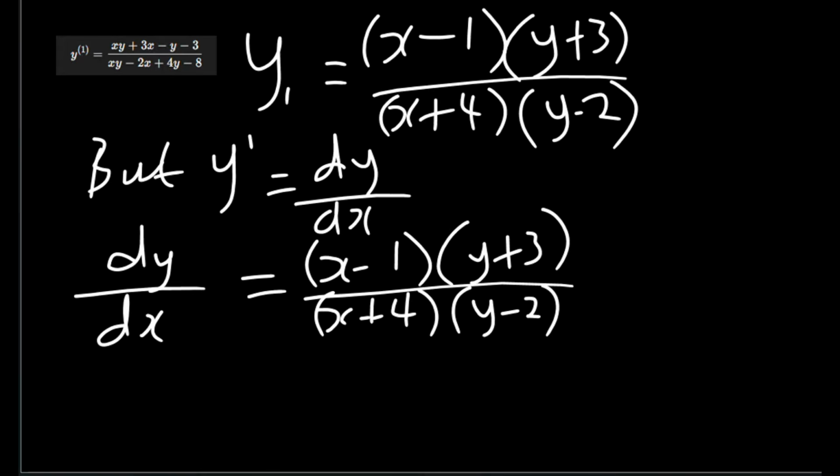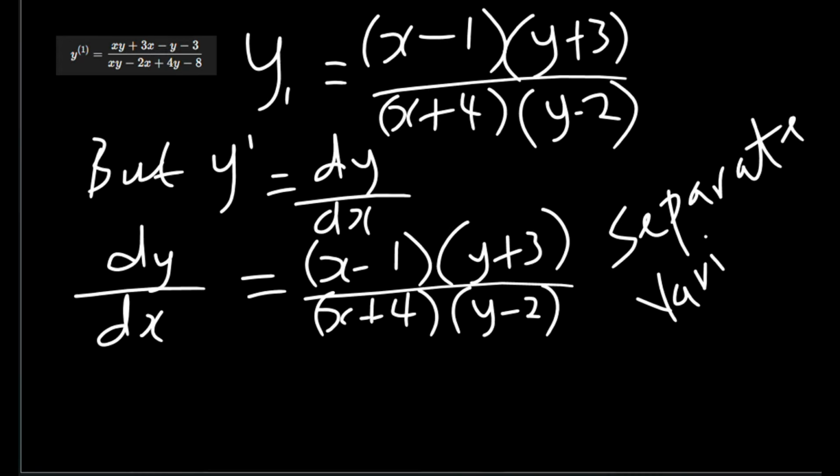So to be able to separate these variables, we need to cross multiply before we can do that. So we have to separate the variables here before we can break this question down further. Alright, so let's focus on that. So we cross multiply.